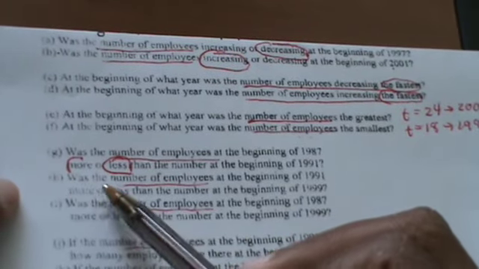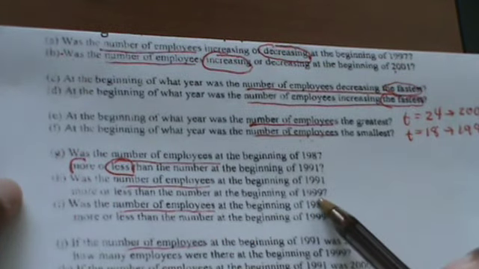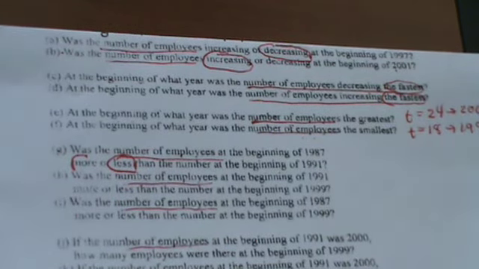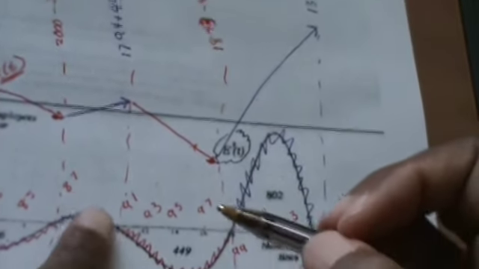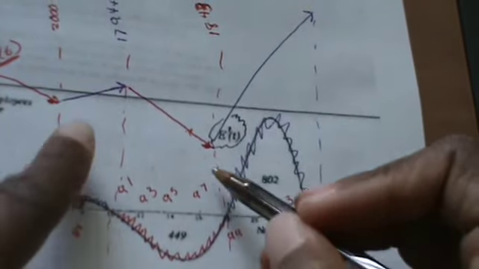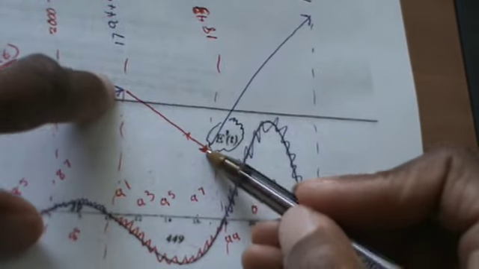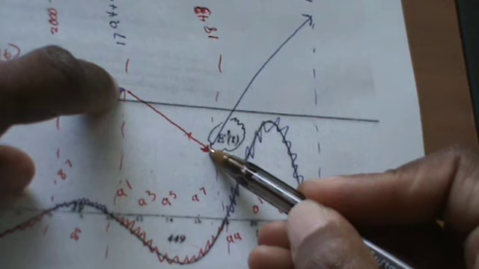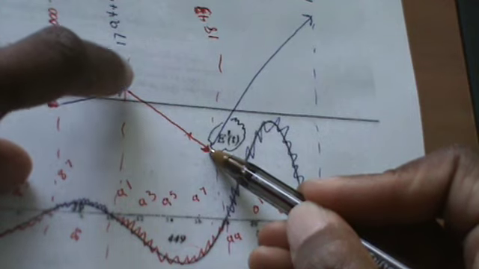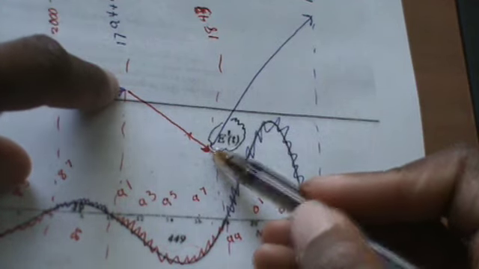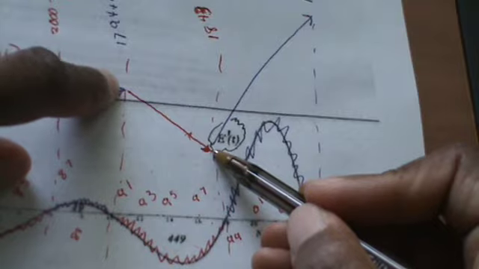Okay. Then H says at the beginning of 91, compare that to 99. Let's see, where are we? Here's 91 and here's 99. Okay, notice E prime is negative, so E's decreasing. See that? Decreased by 449. So you should have more in 91 than in 99.